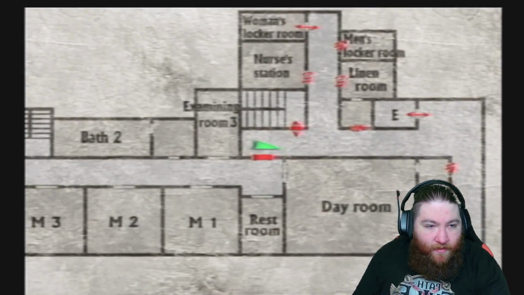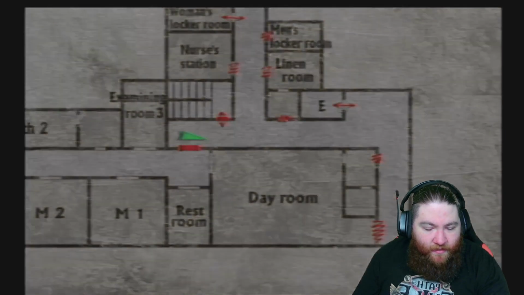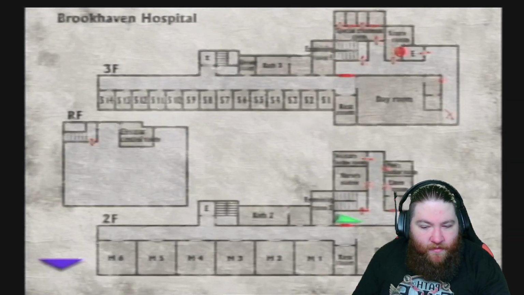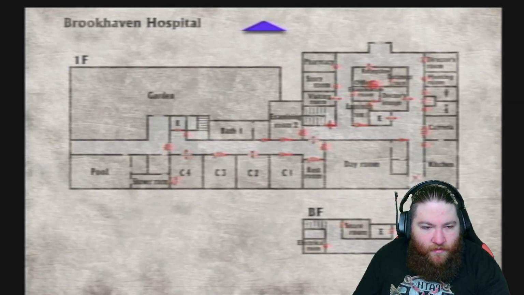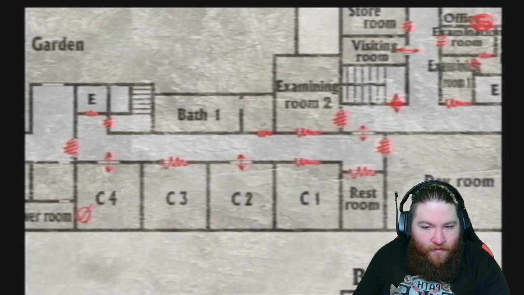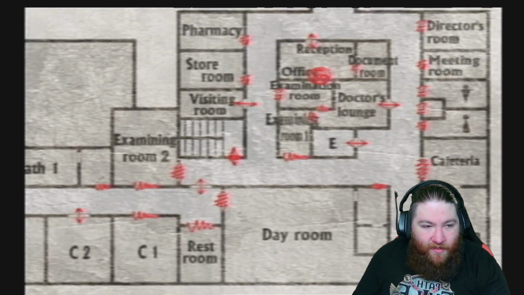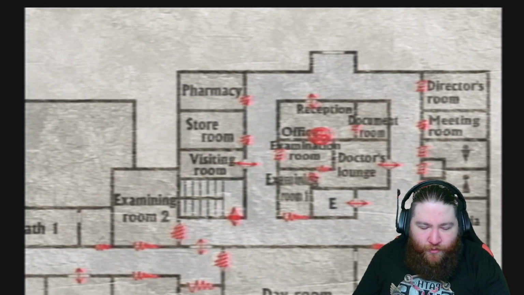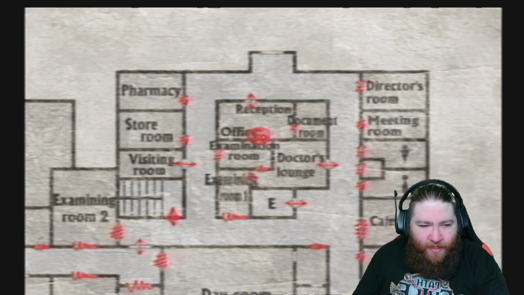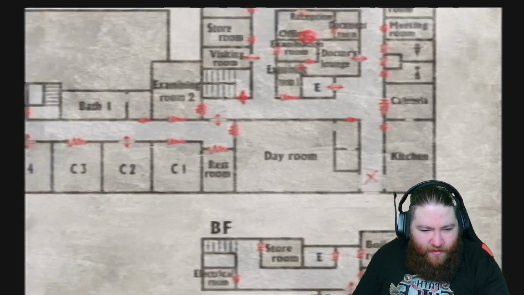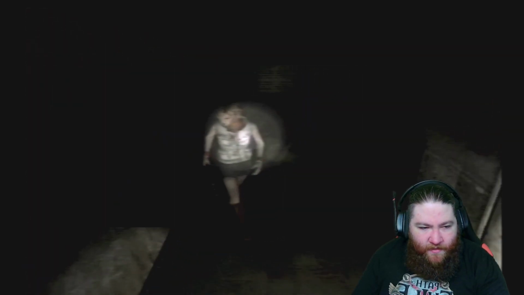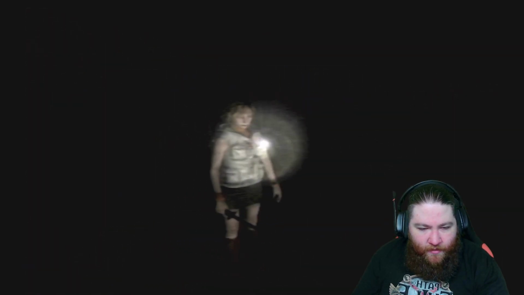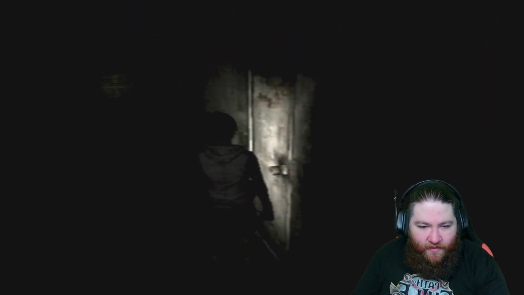Okay, nothing there. There's the doctor's lounge on the first floor that may be able to give us a hint. Let's head down to the first floor and see if there's a hint in the doctor's lounge.